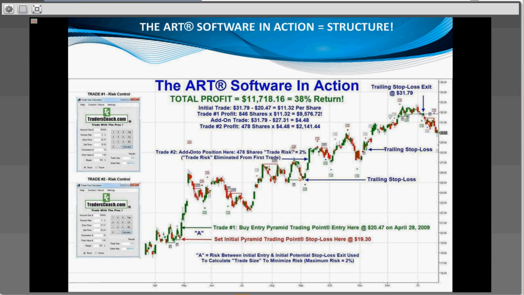Now when we've entered on this price bar, where the arrow is, we've got not only 846 shares from the initial entry, but we've just added on 478 shares, and our trade risk is still just 2%. This is the proper way when momentum trading to add on to a trade.